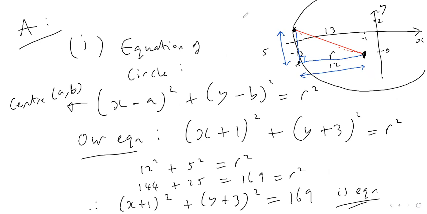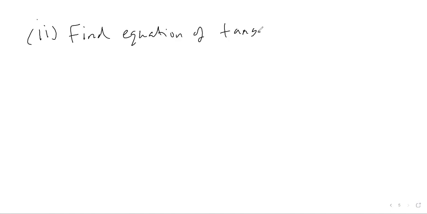Okay, so now we've got to find the equation of the tangent. I'm going to go to a new page. Part 2, find equation of tangent. Okay, so how would we do this? Let's draw a rough sketch.